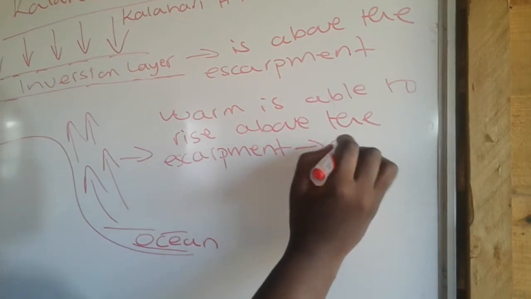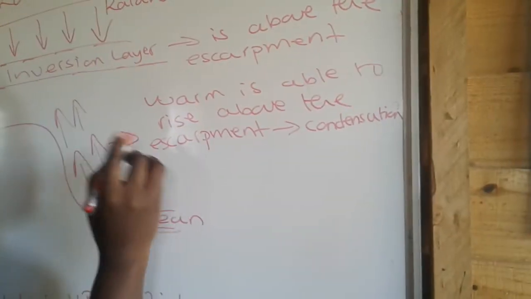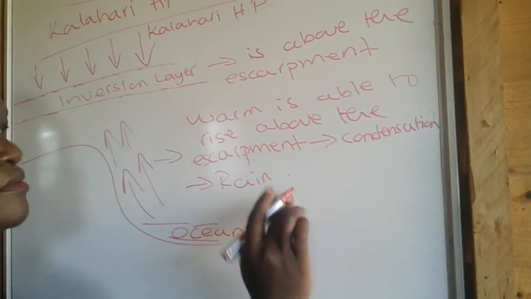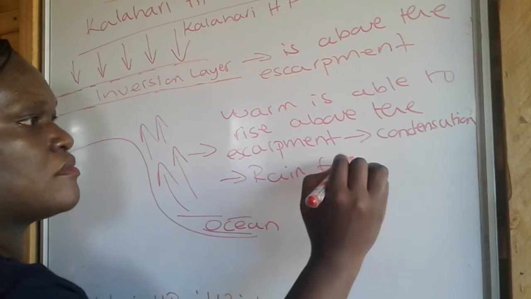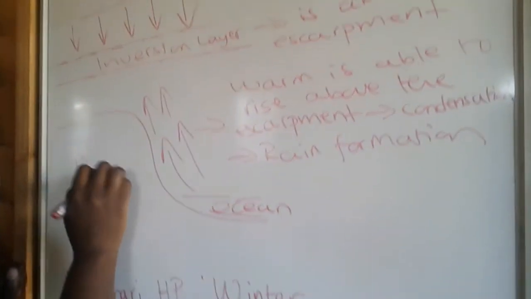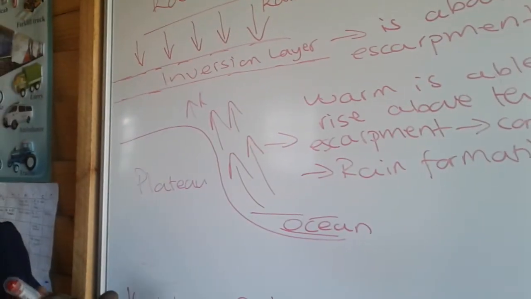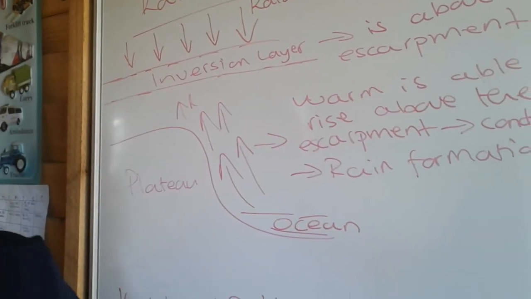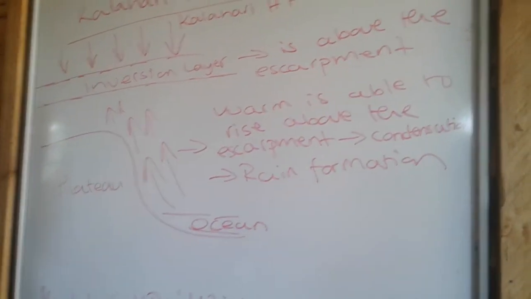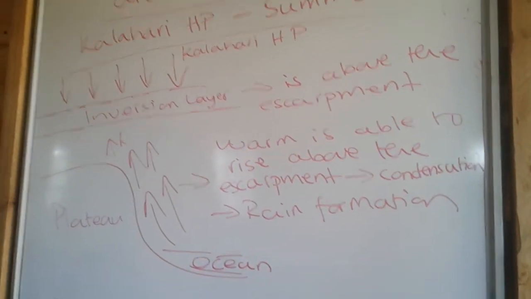And this will allow for condensation, which will lead to rain formation. This is our plateau. So air is able to rise above the plateau, and we can experience rain conditions during the summer. You should also take note of this and be able to draw this.